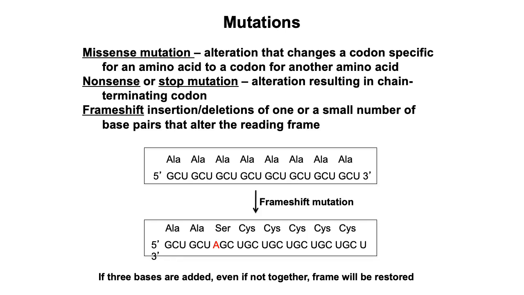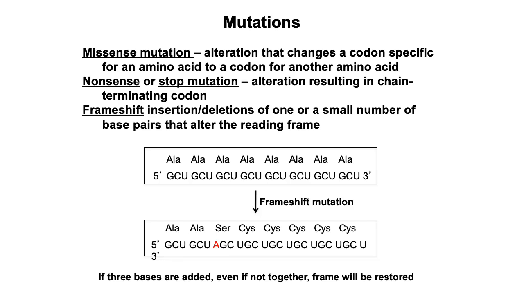But the third one, the frame shift, is very elegantly displayed here. The frame shift is the result of adding or deleting a single base. In this example, you're adding an A at position 7. And that shifts all of the nucleotides down 1, or 1 to the right. And that changes what amino acids come out.